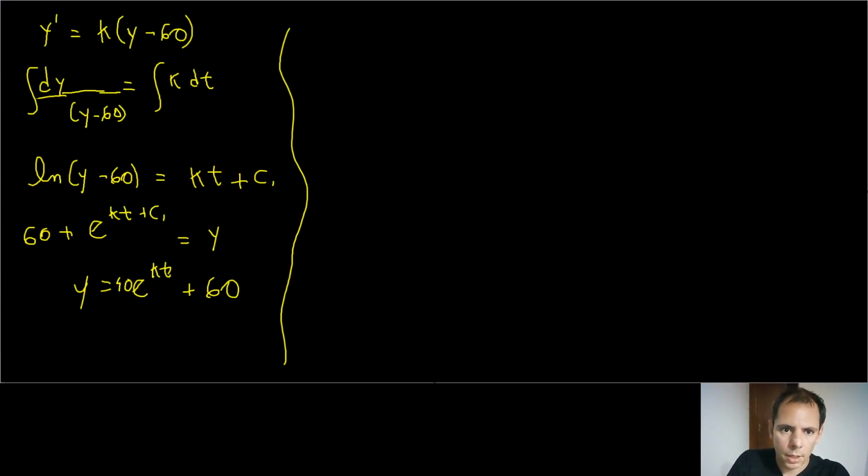So let's just put 0.75 equals e to the k times 10. I'm going to put 10k. All right.